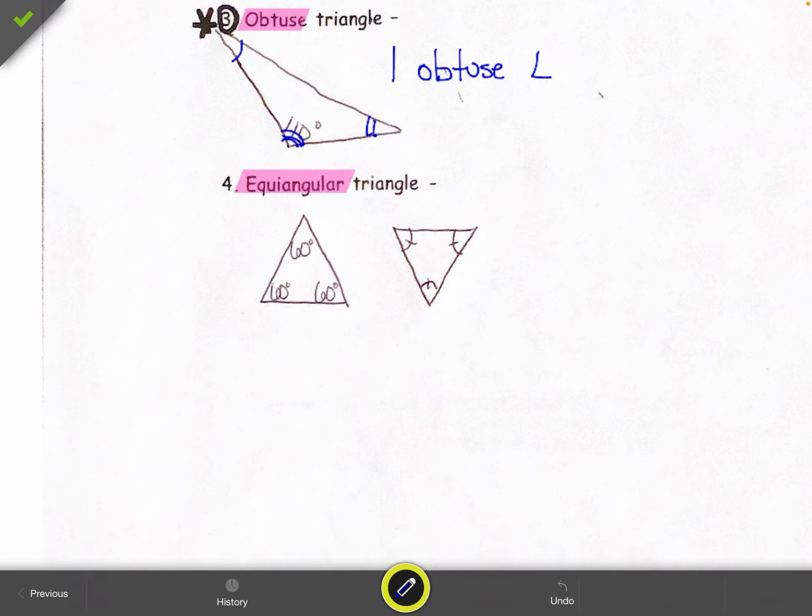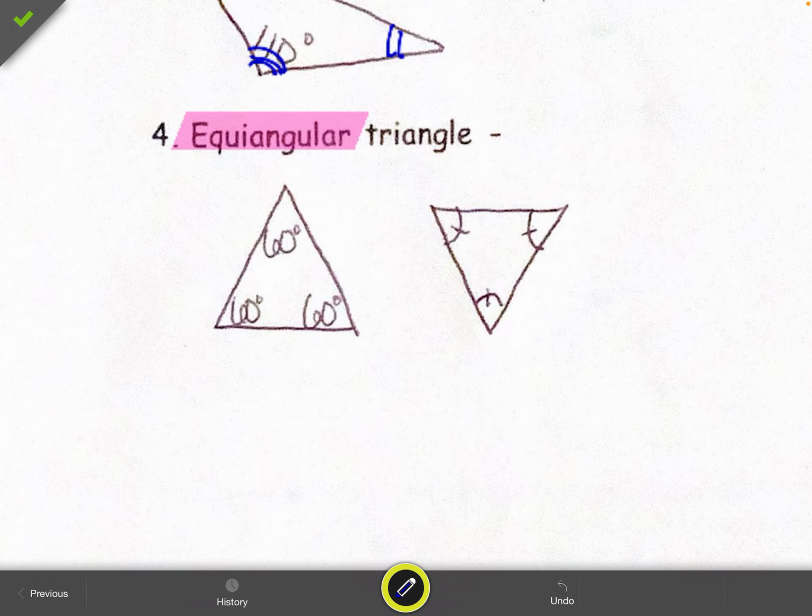The last kind, if you look at the picture with the numbers, the 60, 60, 60, a lot of times people get here and they want to say, oh, well, those are all acute angles, so I have an acute triangle. And technically, you're not wrong. If these all measure 60, like they say, then yes, they're all less than 90, so that would be acute.